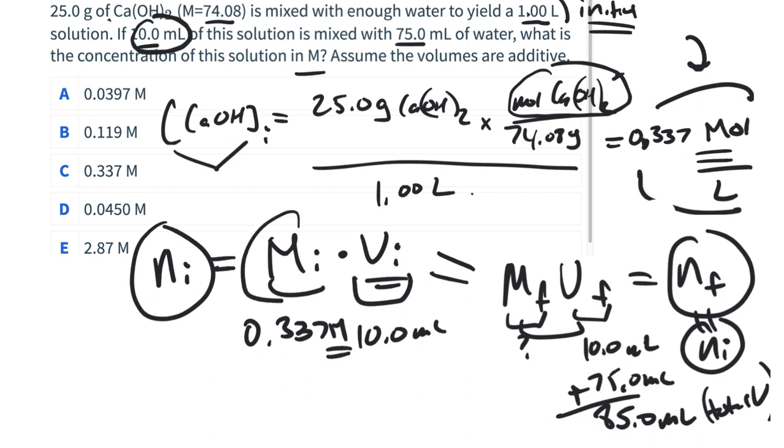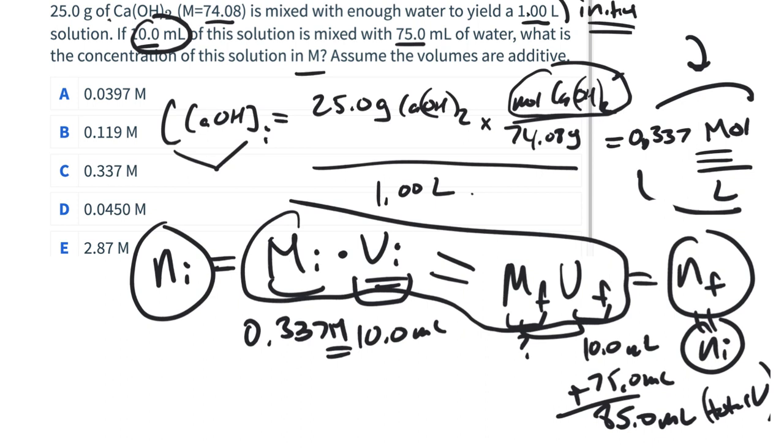So we end up with this expression, and if you're following the logic, it's just saying if I know the initial molarity and initial volume, I can multiply them together, which gives me the initial moles. Then if I take the final molarity and final volume, multiply them together, that also gives me the initial moles, which sets them equal to each other. So we get MiVi equals MfVf.